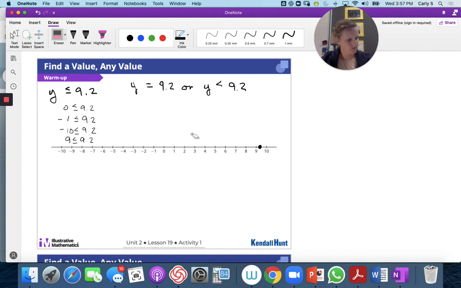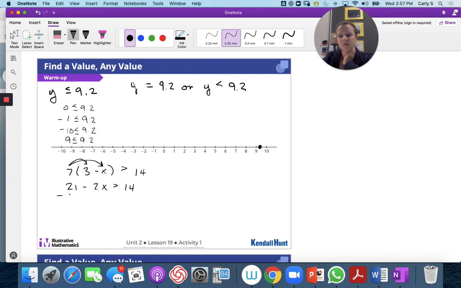The next one was solve the inequality 7 times (3 minus x) is greater than 14. There are two different ways you can solve this. I'll represent both, but I don't normally. I can distribute first and get 21 minus 7x is greater than 14.